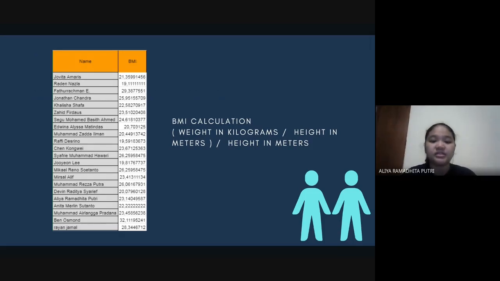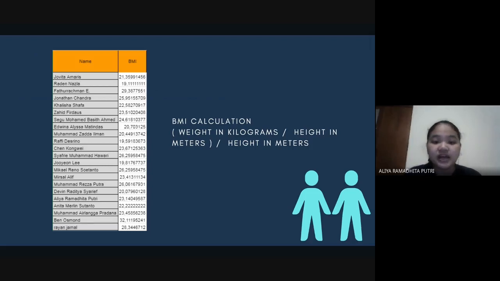Okay, so these are the BMI calculations. To calculate BMI, you divide weight by height in meters, and divide again by height in meters. From that, we know the BMI scores: Jovita has a BMI score of 21, which indicates that she may have normal body fatness. Raden Nazla is 19, which is under 20, so it may indicate that she is underweight.